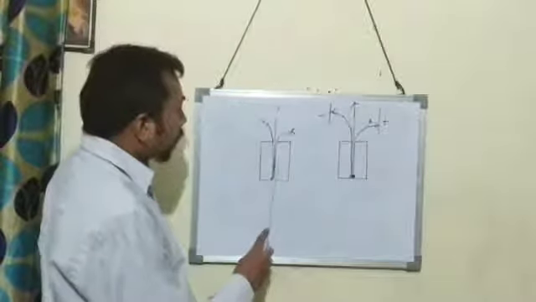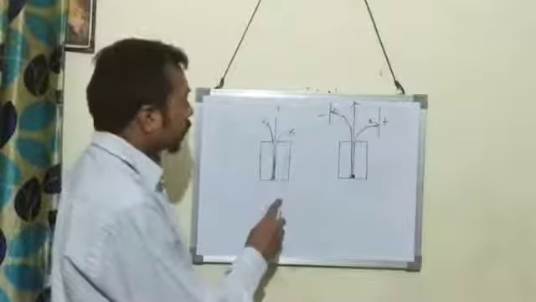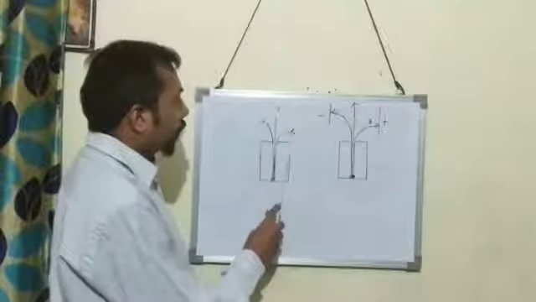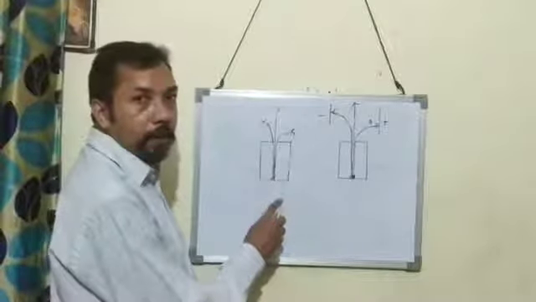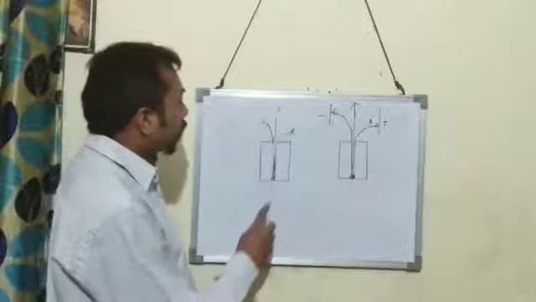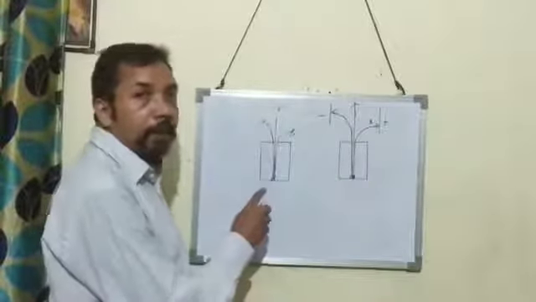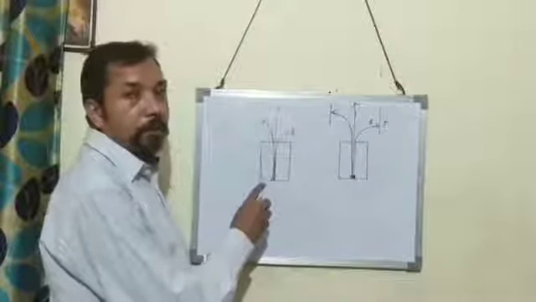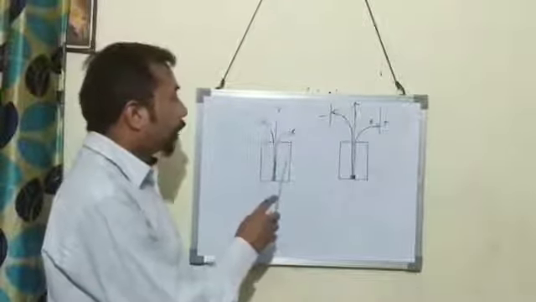The one which bends first and more is beta radiation, because beta radiation has less mass. The one which goes a little more up and bends less is alpha radiation, because alpha radiations have more mass than beta radiations.